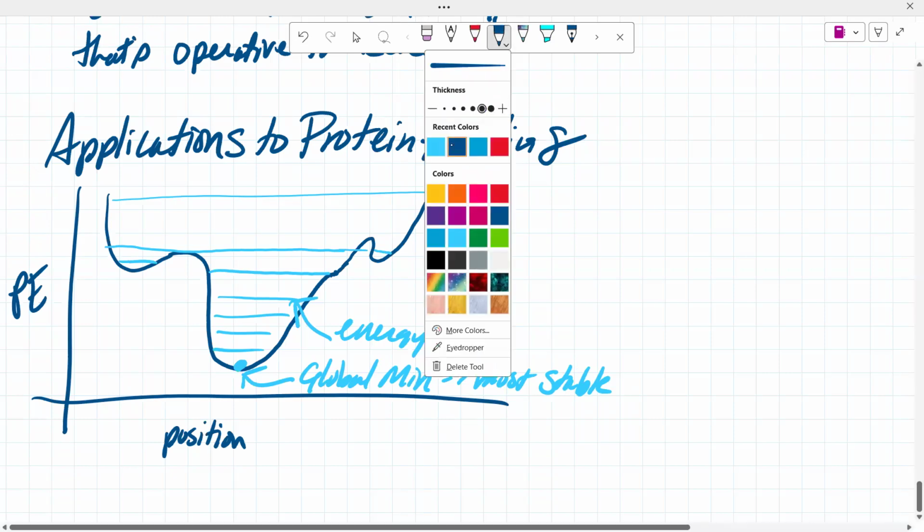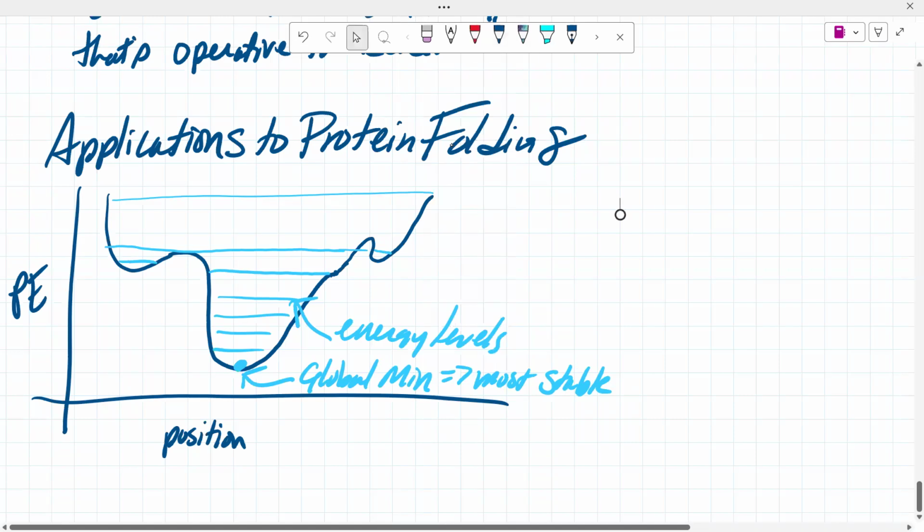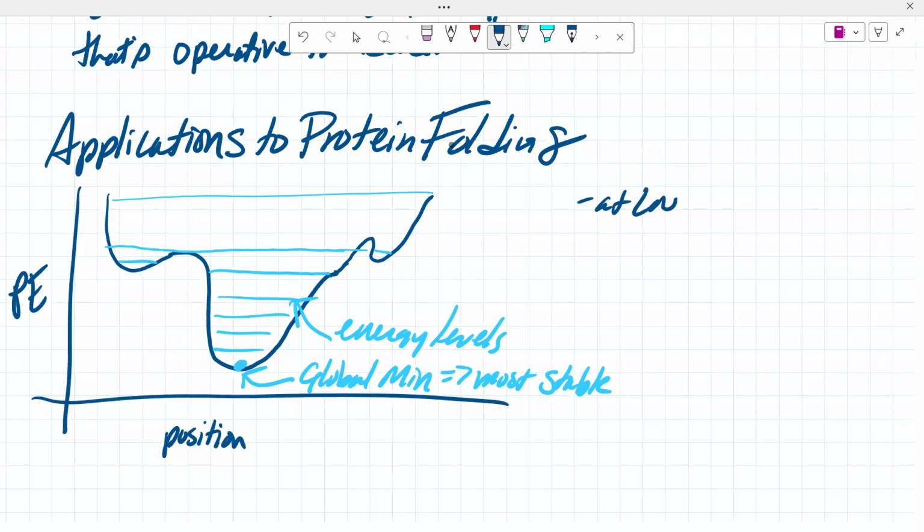So let's see what implications for protein folding we can glean from taking a look at the lattice peptides. At low temperature, proteins are folded.